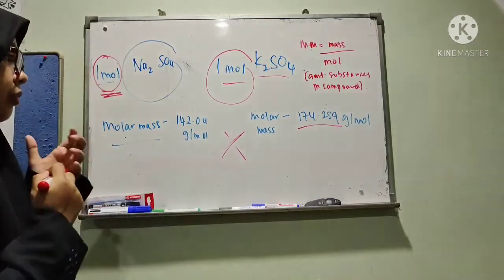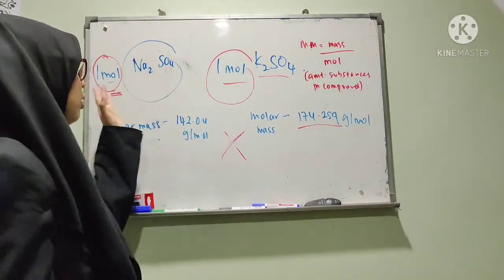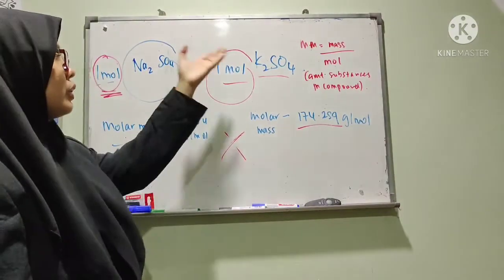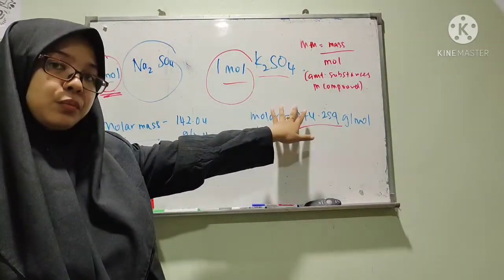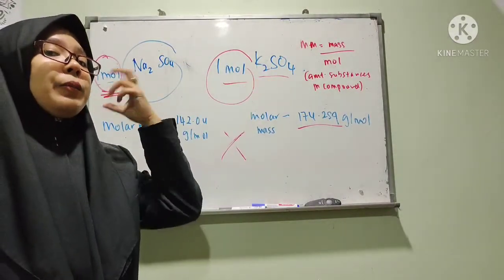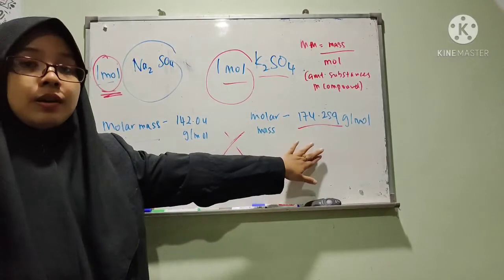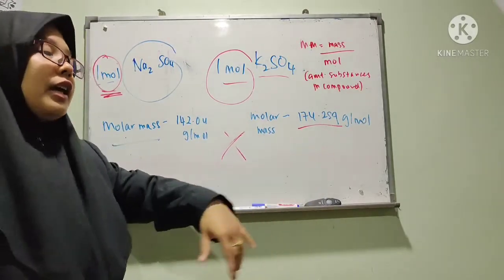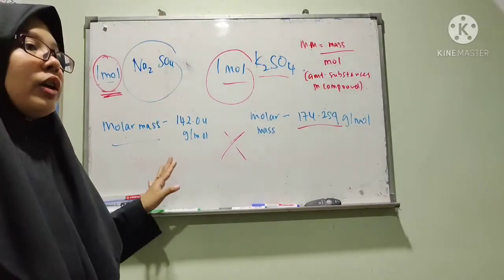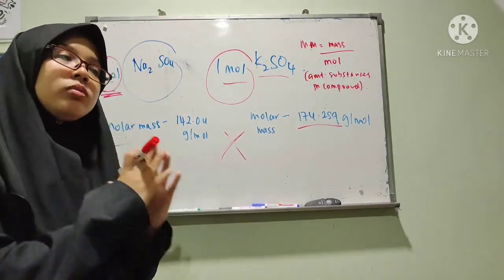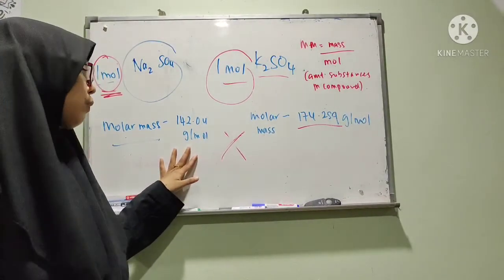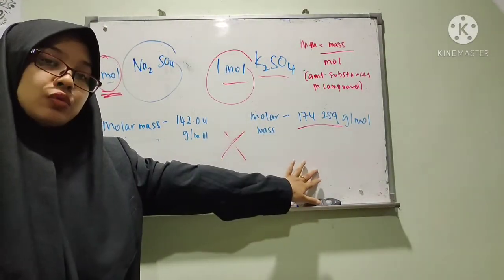For example, I give 1 mole of Na2SO4 and also 1 mole of K2SO4. They think that K2SO4 has the bigger molecule since it has the higher molar mass, and 1 mole of Na2SO4 has a smaller molecule because it has a lower molar mass compared to K2SO4.